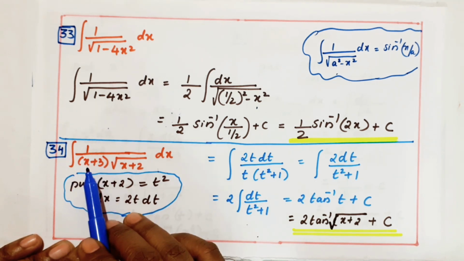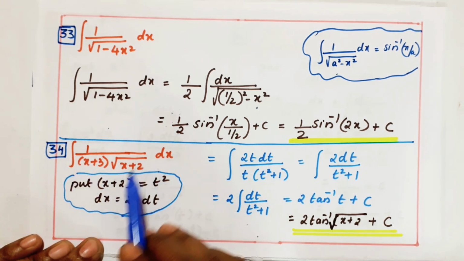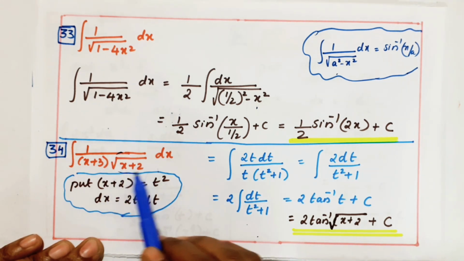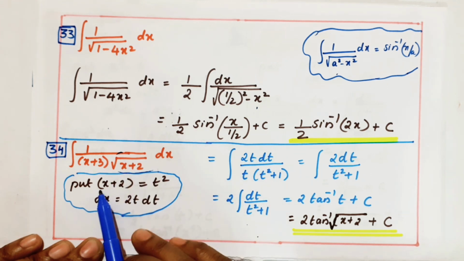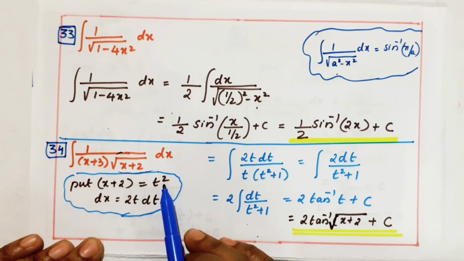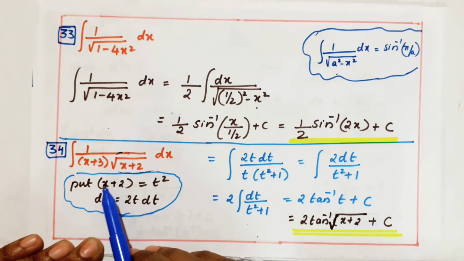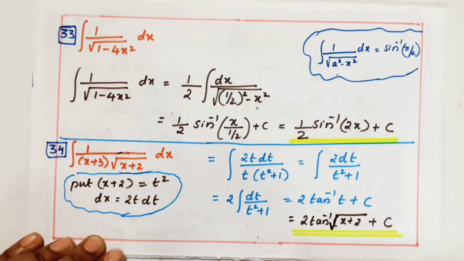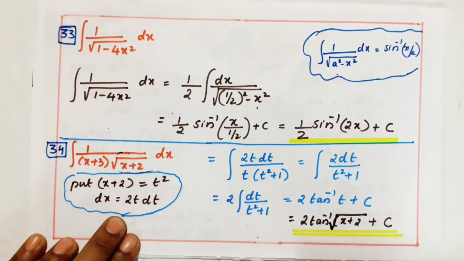Integral of 1 by x plus 3 root over x plus 2 dx. Here what substitution are we doing? I am taking the term inside the root, that is root over x plus 2. I am writing x plus 2 as t square. So if you differentiate, it will be dx equals 2t dt. After this, there are no similar terms.